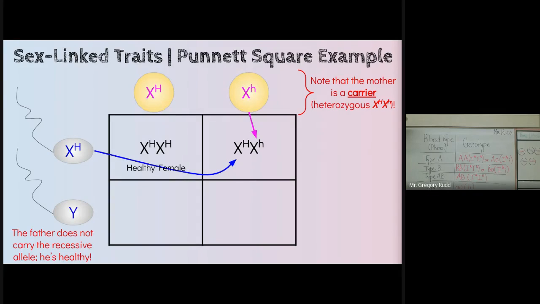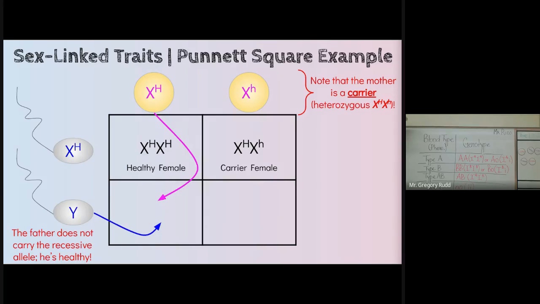Okay, so we need to do the same thing over here. But this time we're not in this row, we're in this row now. And we're not in this column, we're in this column. So what do you think it'll be? So we're going to drop this down.